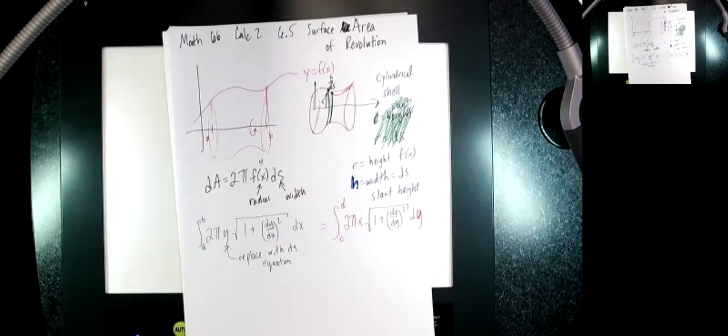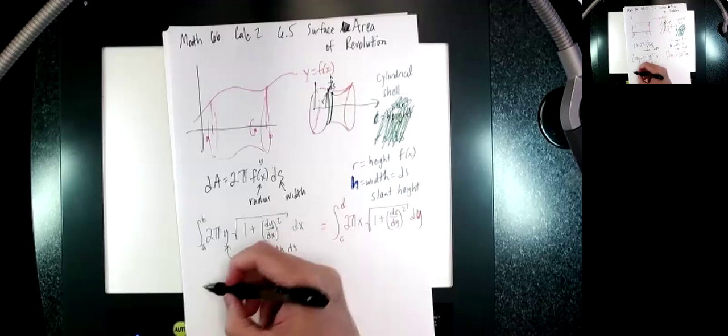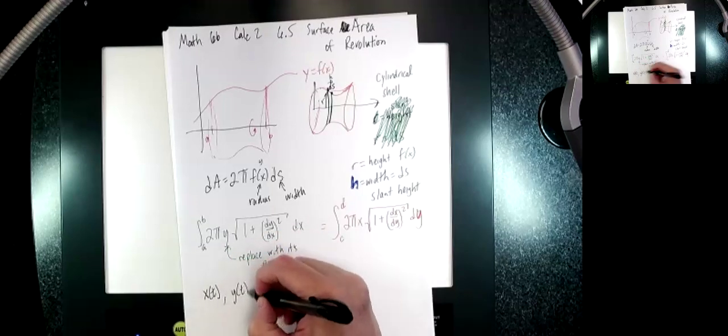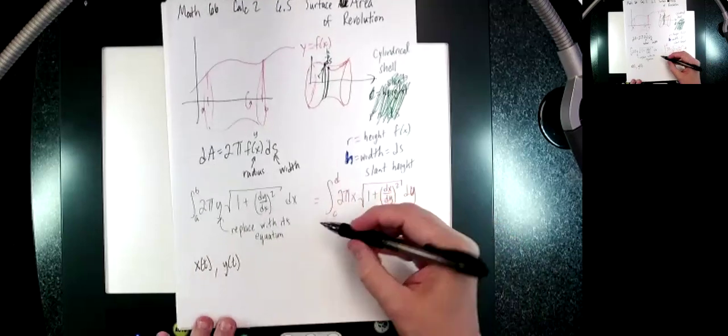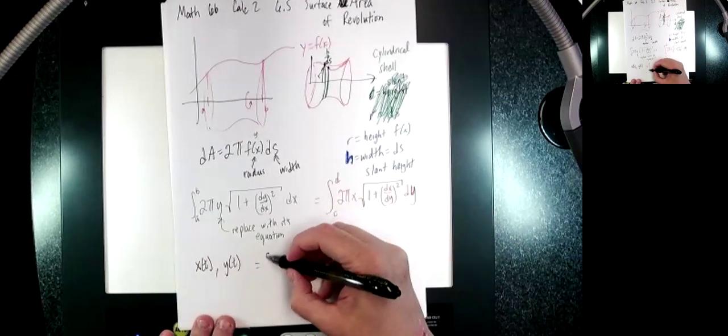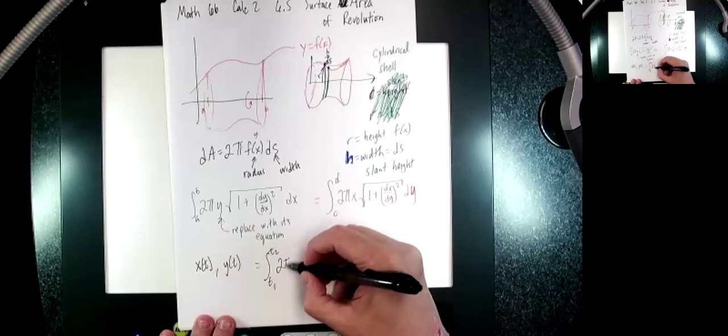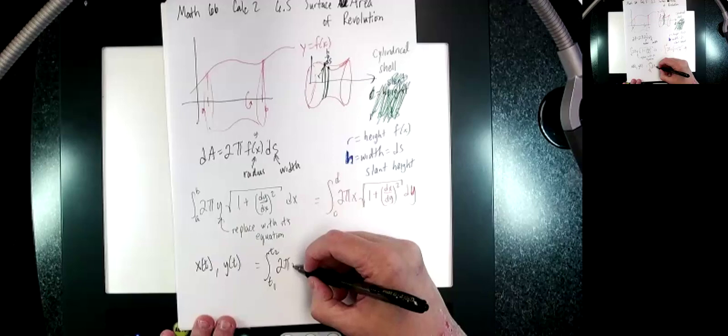And this is going to be slightly different than the last one. When we add in the x of t, y of t option here, we still want to have t1 to t2, 2 pi, whatever the radius is here.